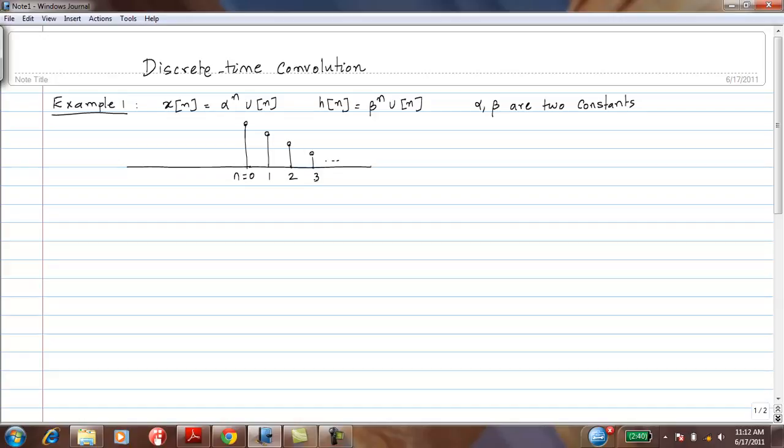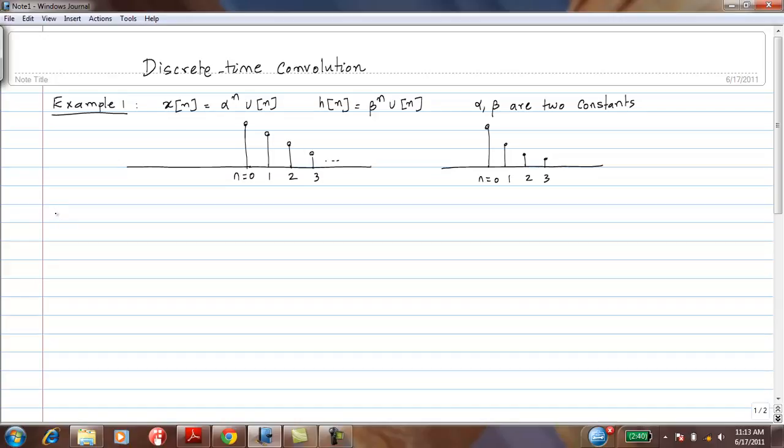So on and so forth. And beta would also be a function that decays exponentially. Depending on what alpha and beta are, one may decay faster than the other. Right? So we want to convolve these two signals.